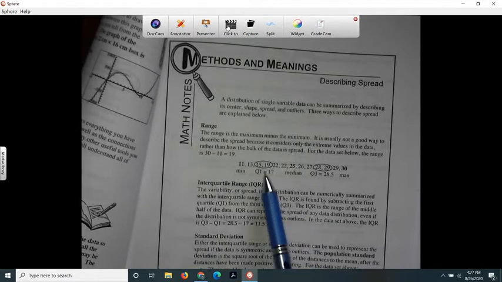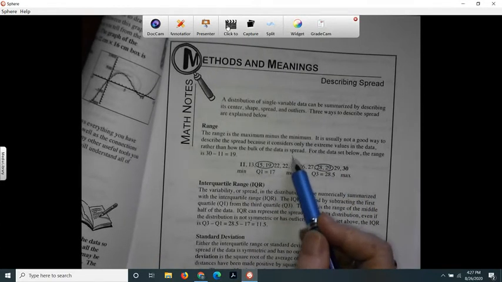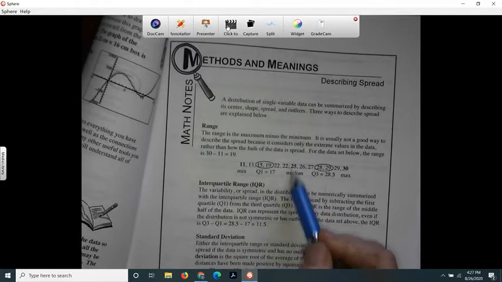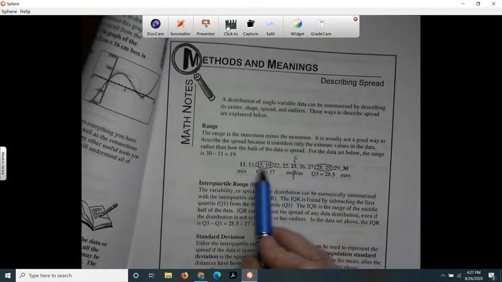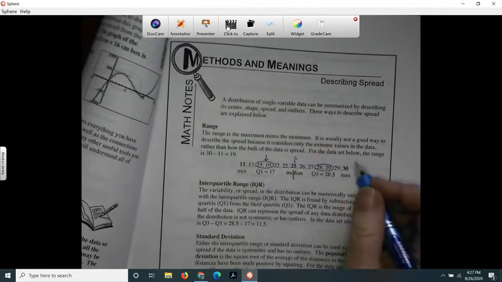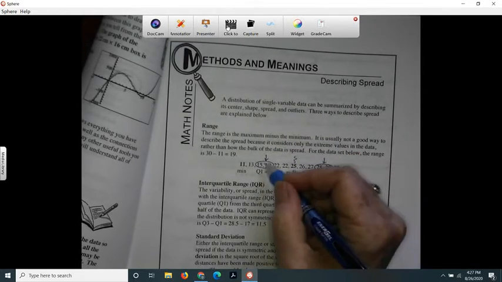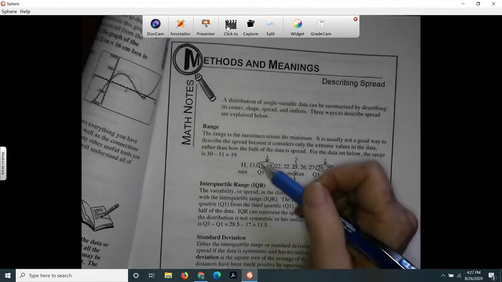So I can find quartiles by splitting my data down the middle and finding the median, and then I take the two halves of data, and I find the middle of this half and the middle of this half. These two things are the quartiles. For the interquartile range, you just take the bigger one, Q3, and subtract Q1. So we'll just do that right now with our data.